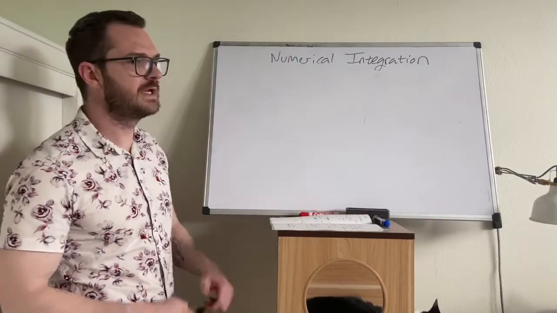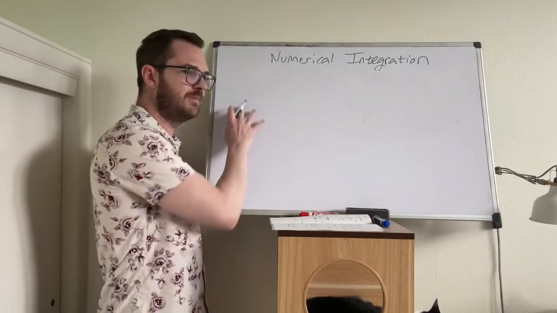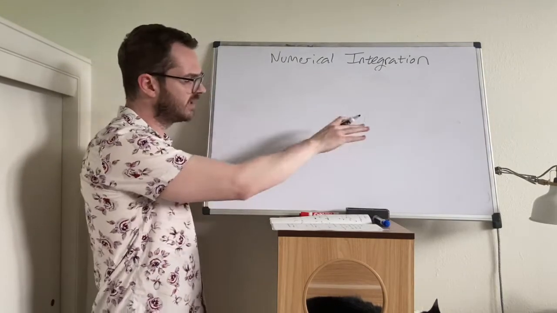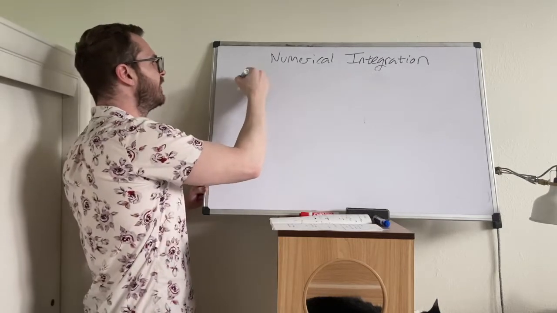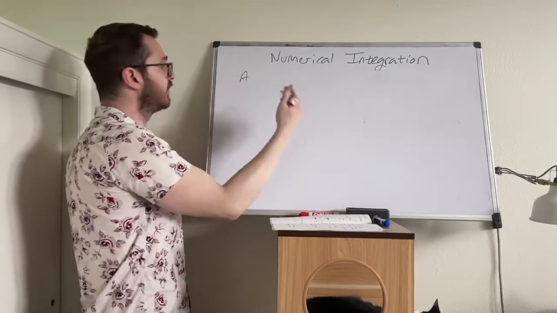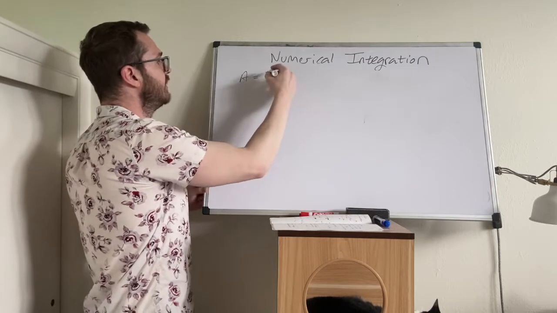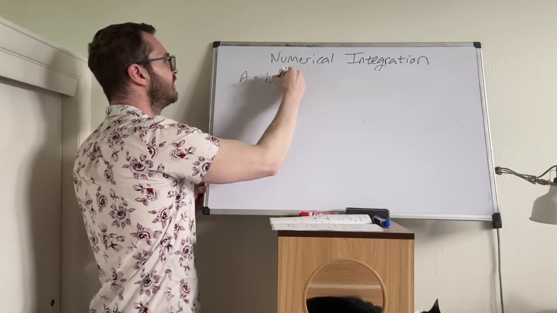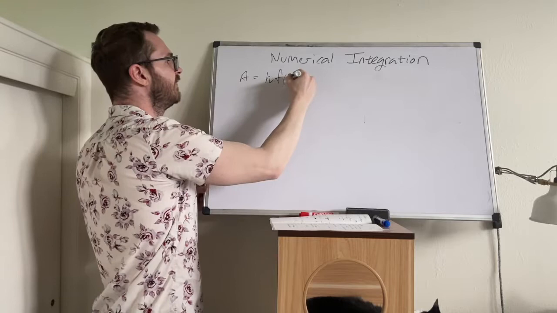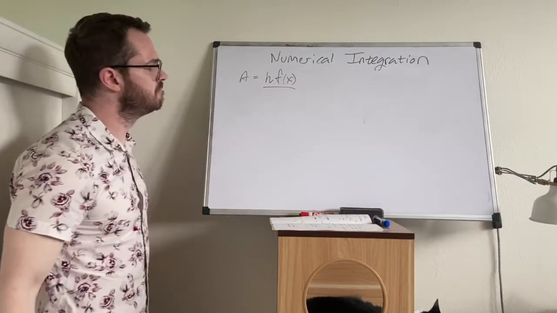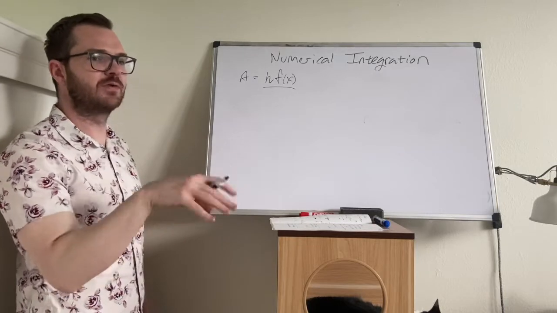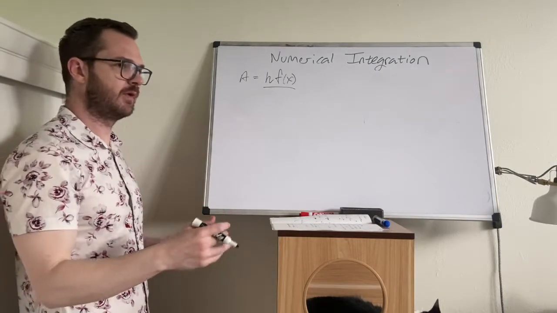Before we move on to the next one, let's take the math for the rectangular rule and lay it all out and see what comes out. We said that the area for a certain section is going to be h times f of x, whichever f of x we've selected. If we're going to do that for every single section, then what happens when we add them all together?